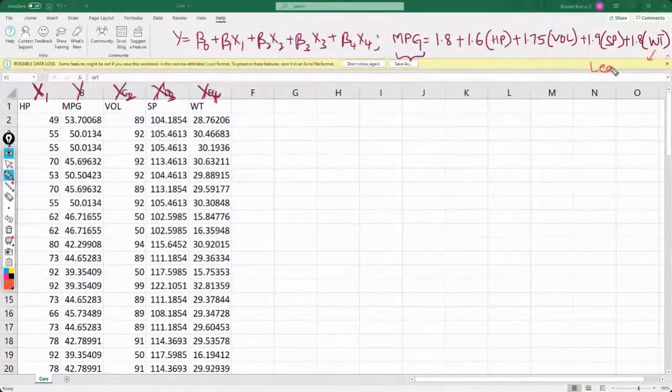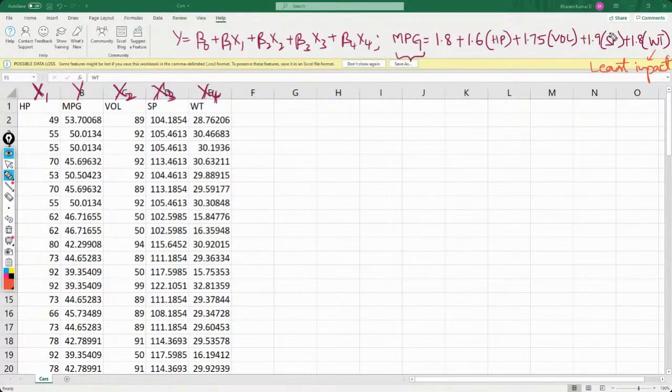Let me write it down here. Least impact on the mileage. And which variable will have the maximum impact on your mileage, miles per gallon? It'll be top speed because it has 3 digits and nowhere else you find that.